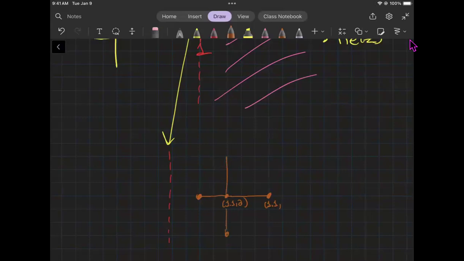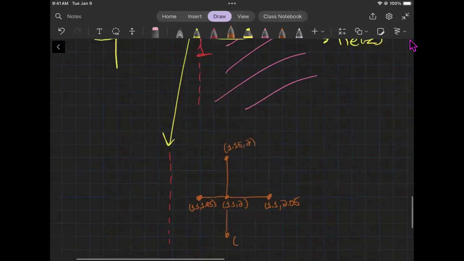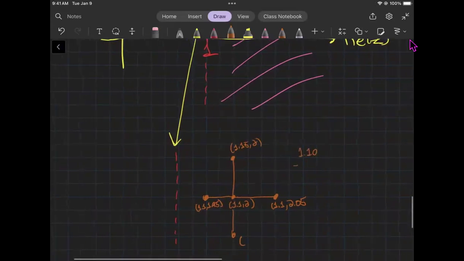So this is 1.1, 2.05, and 1.1, 1.95, and 1.15, and 0.95, and 2.